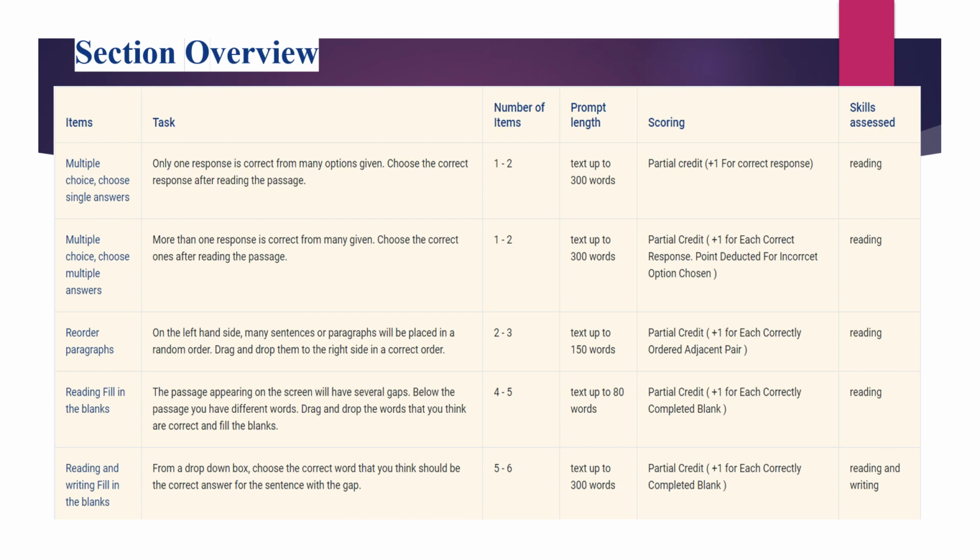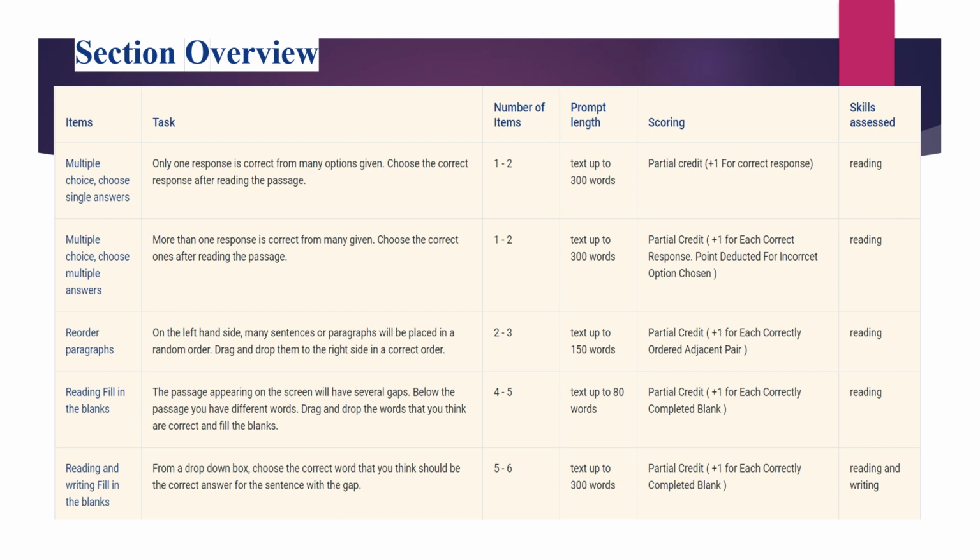There will be 2 to 3 questions, and the text length can be up to 150 words. +1 for each correctly ordered adjacent pair will be given. Again, you will be assessed on reading skills.